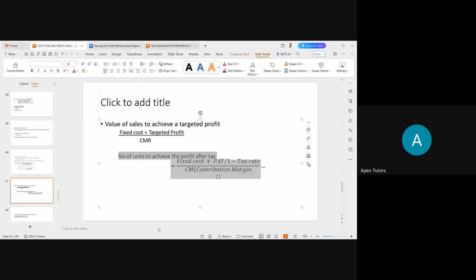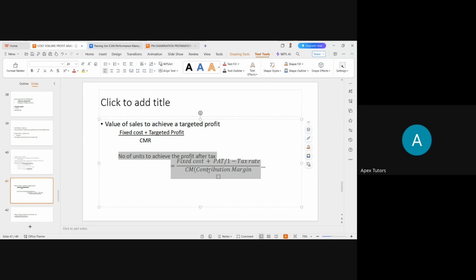We want to derive, or that formula is what we're going to be using to solve for this. Fixed cost plus the profit after tax, divided by 1 minus tax rate, divided by contribution margin.